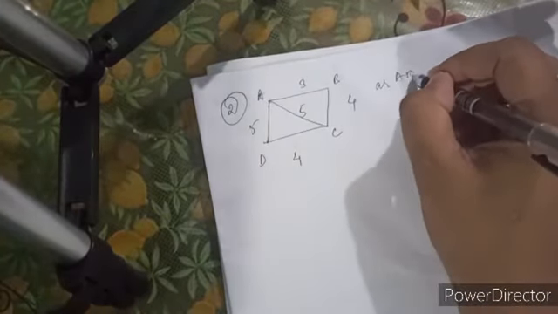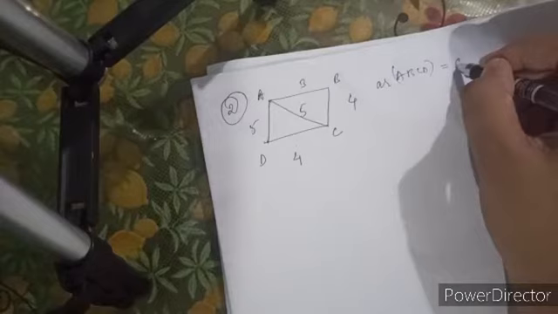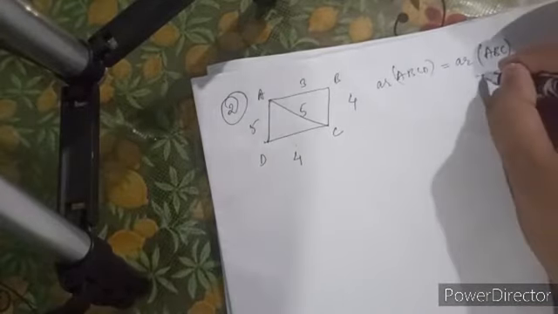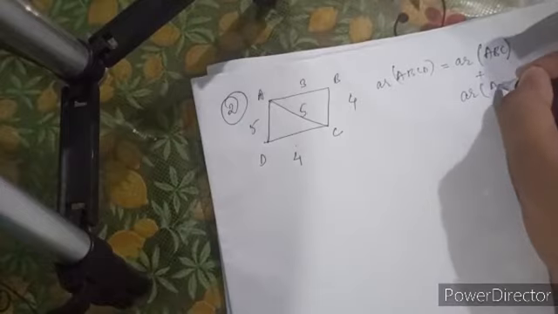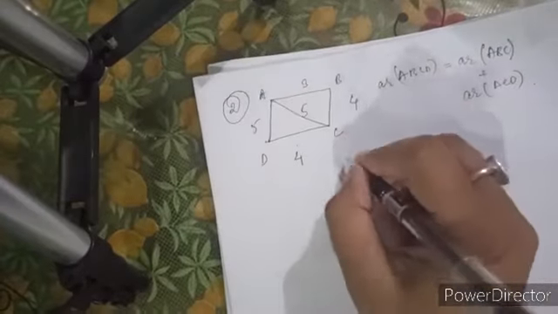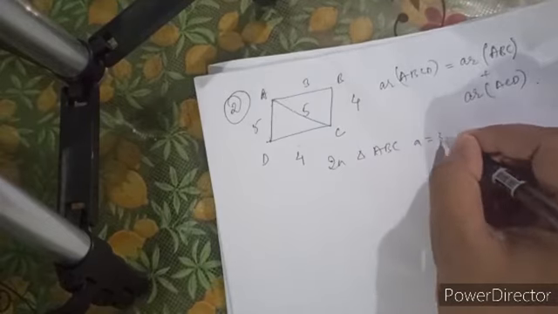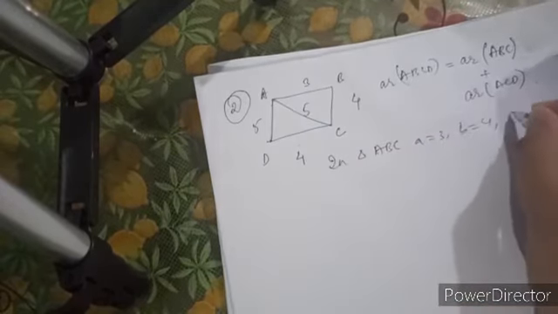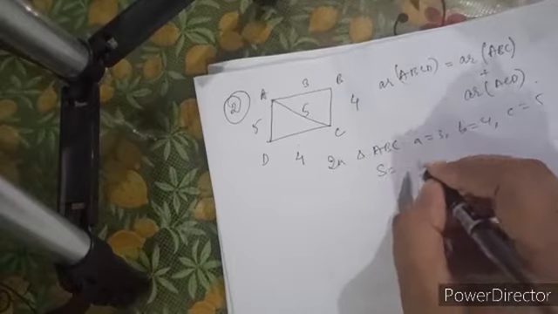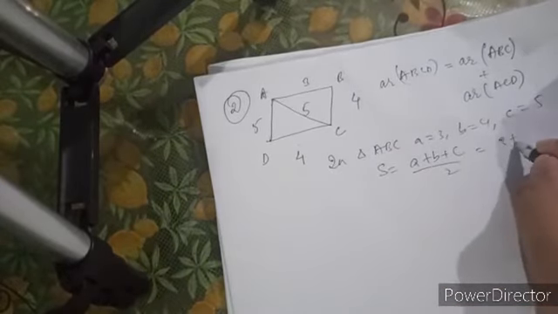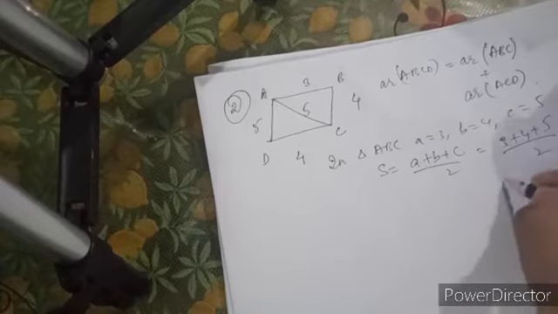So the area of the quadrilateral is divided into two parts, that is area of triangle ABC plus area of triangle ACD. So in triangle ABC, a equal to 3, b equal to 4, and c equal to 5. So s will be (a plus b plus c) by 2, that is (3 plus 4 plus 5) by 2.